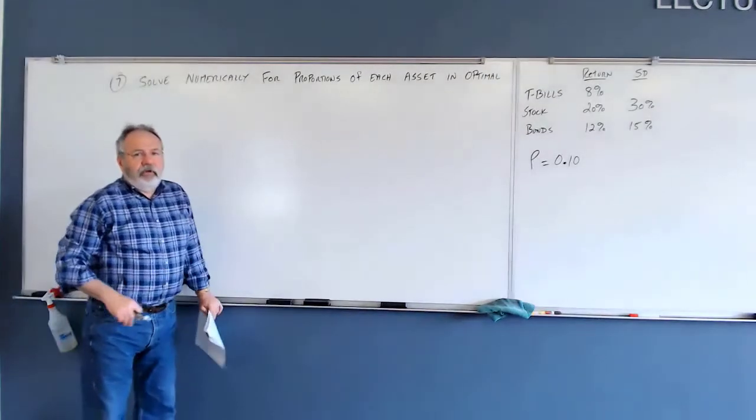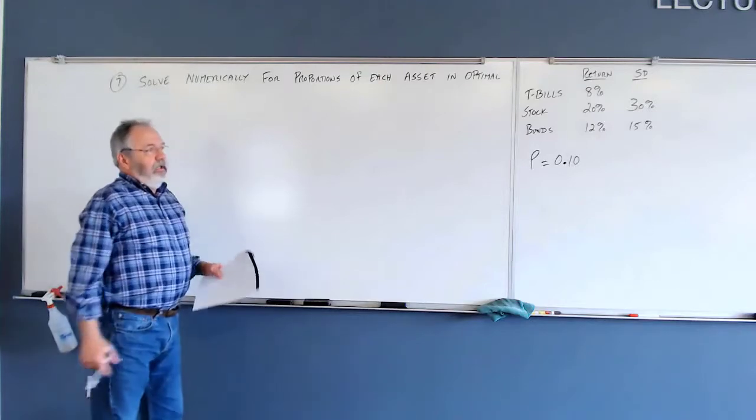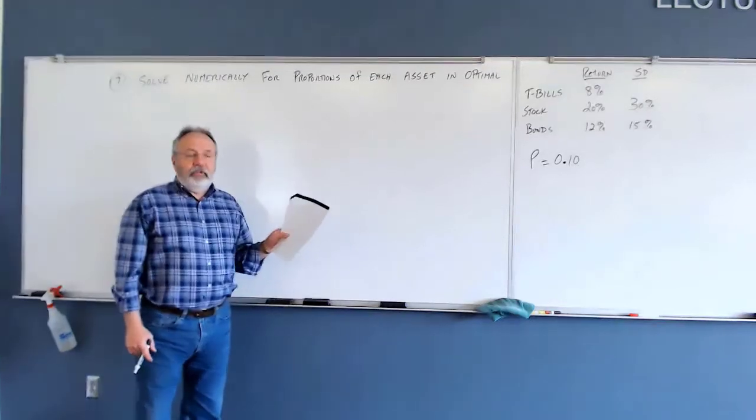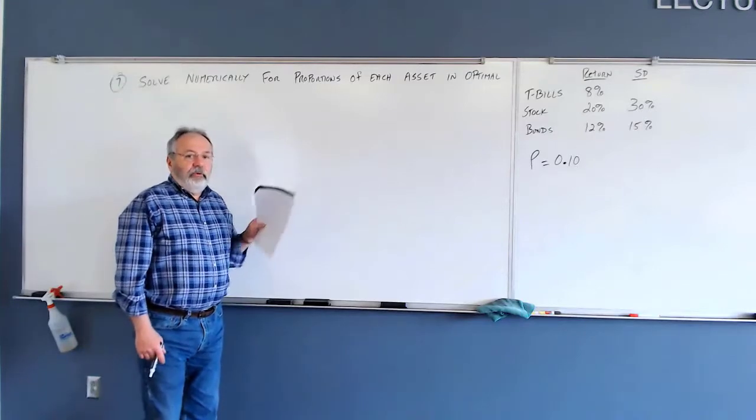Solve numerically for the amount of each asset in the optimal portfolio. This is the portfolio, of course, that's tangent to the capital allocation line from the risk-free rate.